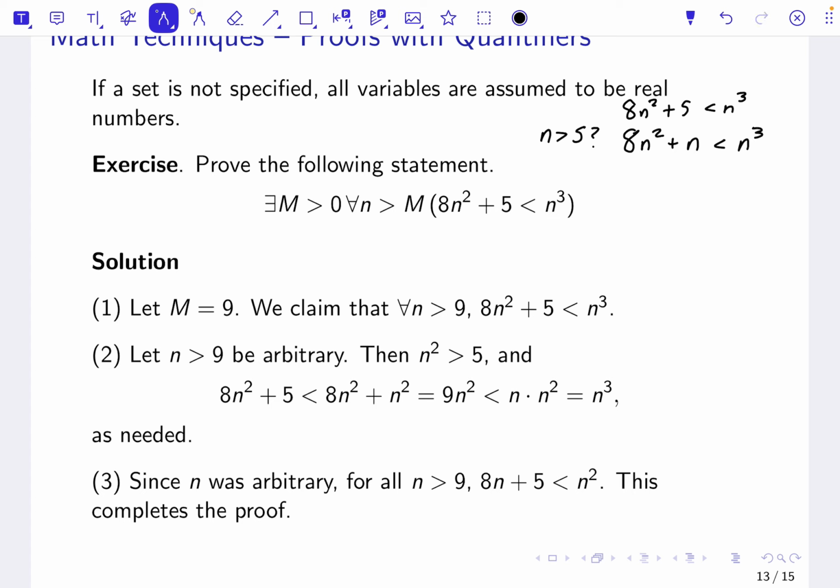Okay, better. This gives me something to work with. I could maybe factor out an n, divide both sides by that, and keep going. Actually, I'm going to try that. This isn't the strategy that I was planning to show, but I think it'll actually work.